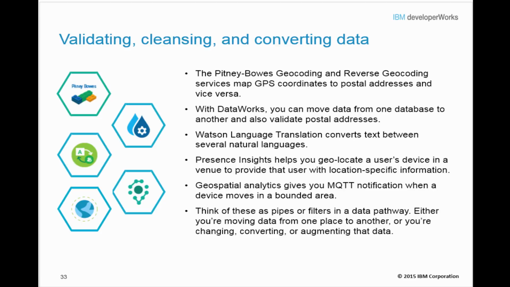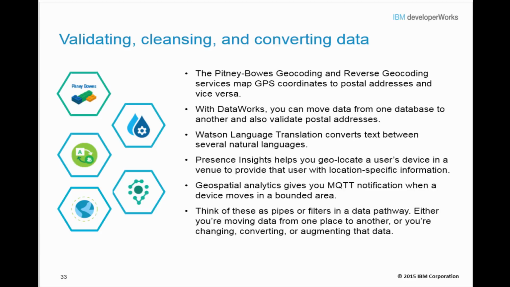Okay? Now, finally, while we're already talking about this idea of geolocation and converting from GPS coordinates to physical postal addresses, one of the other things you might want to do is think about that on a much smaller scale. What about inside of a building, inside of a sports arena or inside of a retail mall? That is what Presence Insight allows you to do.